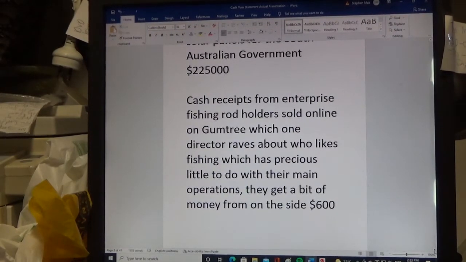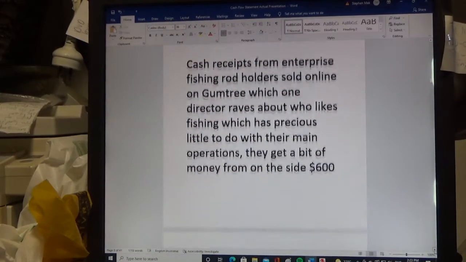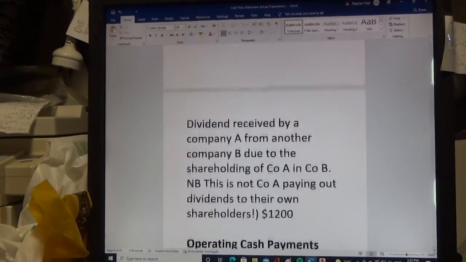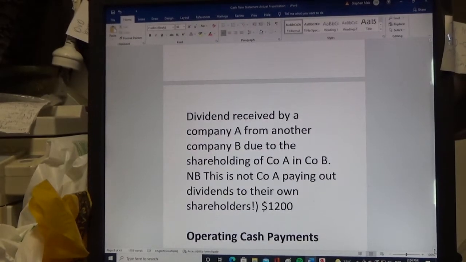One of the directors is interested in fishing and likes this fishing rod holder, which hasn't got much to do with their main operations of solar panels, but they're deciding to sell it and get a bit of money on the side, $600.